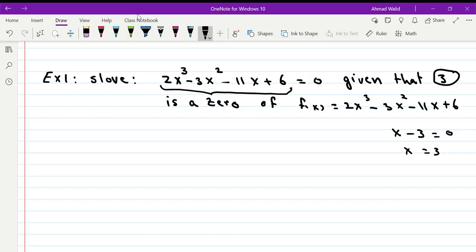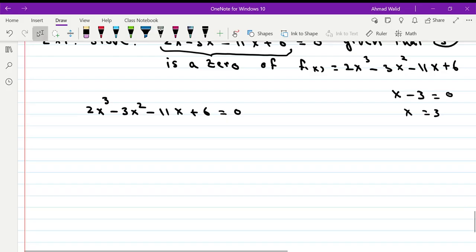I need to factor this equation: 2x cubed minus 3x squared minus 11x plus 6 equals 0. You see, you cannot factor it easily, so how to factor it? They give me a good hint: 3 is a 0 of the function, which is the same as my equation. It means I can do synthetic division here.